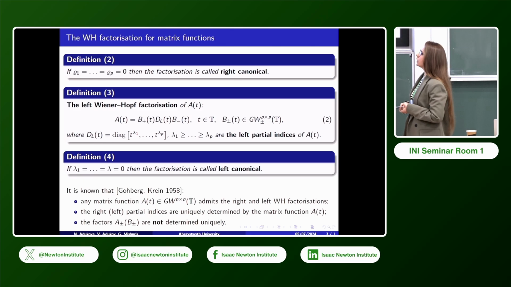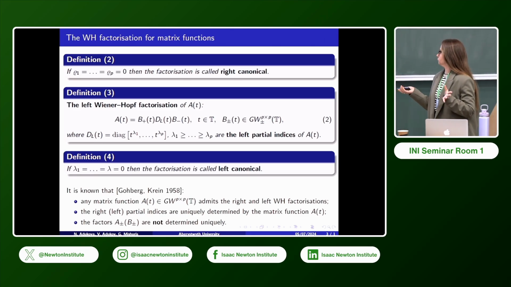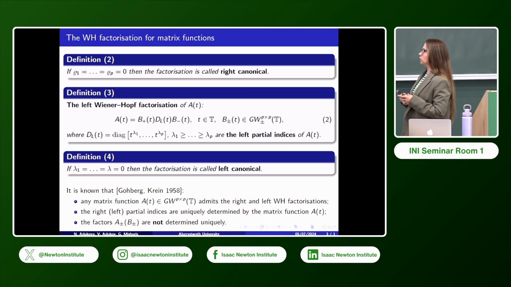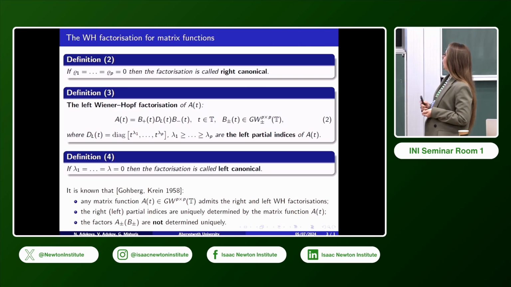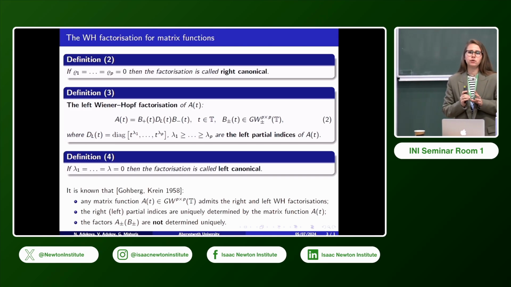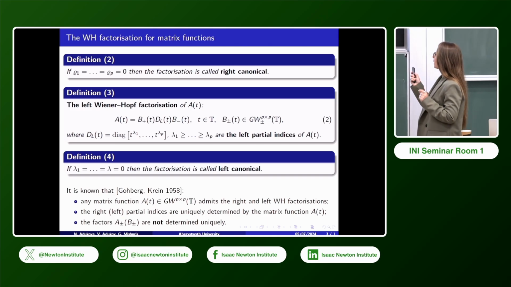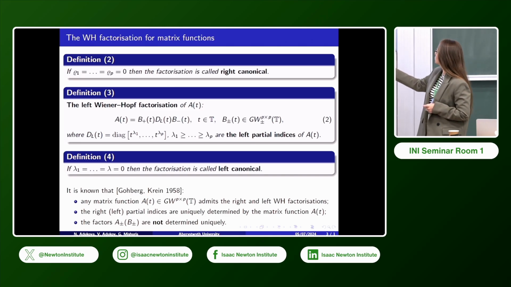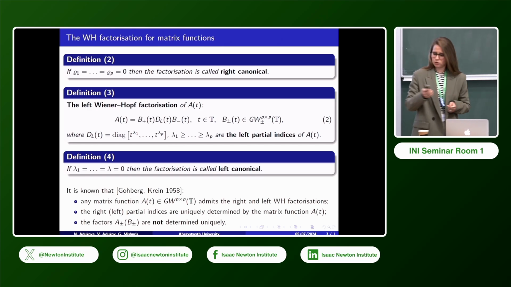Also, it is important to highlight some important facts. Any matrix function from the group of invertible elements admits the WH factorization. The partial indices are uniquely determined by the matrix function A. In contrast, the factors are not determined uniquely.